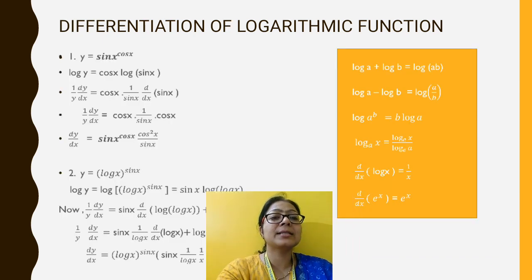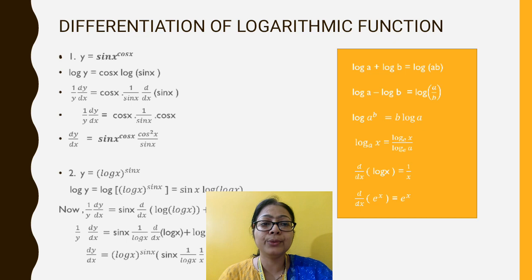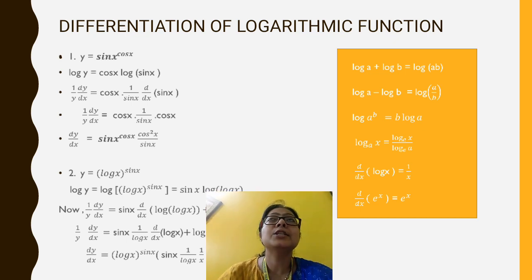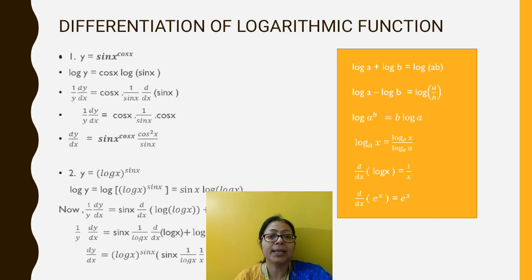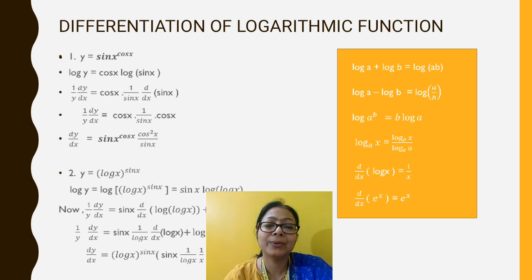These are all the properties, which are already known to you. Once more I am discussing them: log a plus log b is equal to log ab. Then log a minus log b is equal to log a by b. Log a to the power b is equal to b log a, that means the power will come in front of log a.